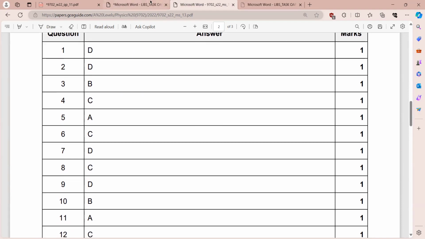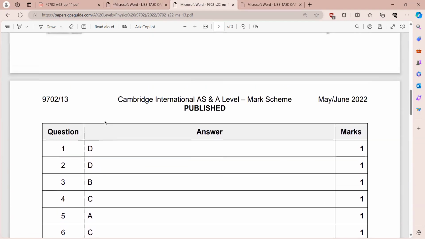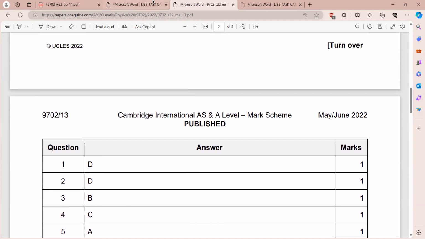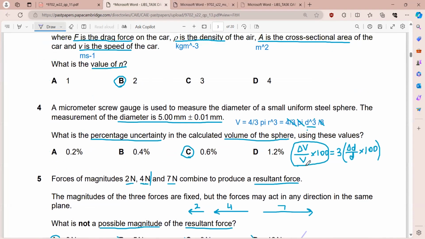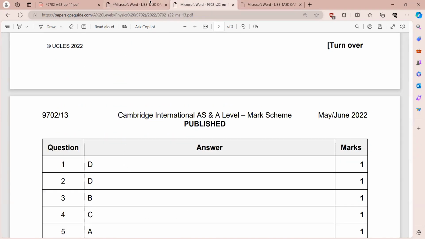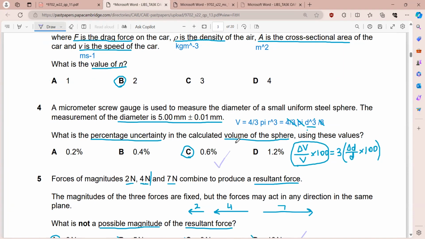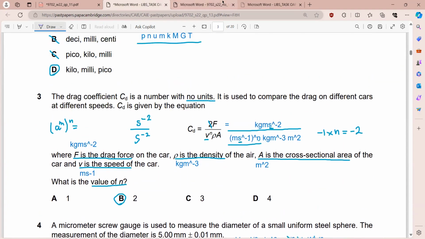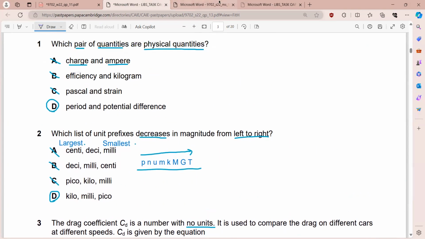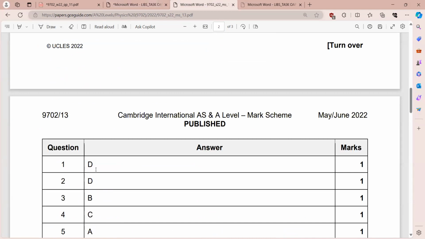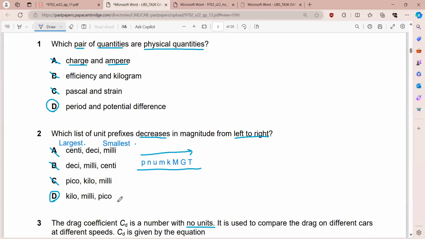So first question, okay, let's go from the 5th question, actually. 5th question is A. 4th question, C. Is correct. 3rd question, B. 2nd question, D. And 1st question, D. Okay, so we got the first 5 questions right. Nice.